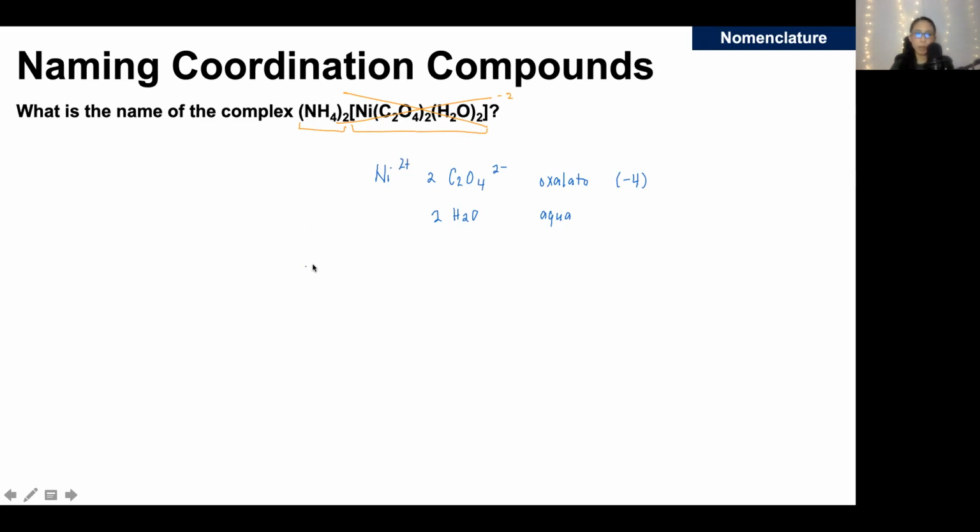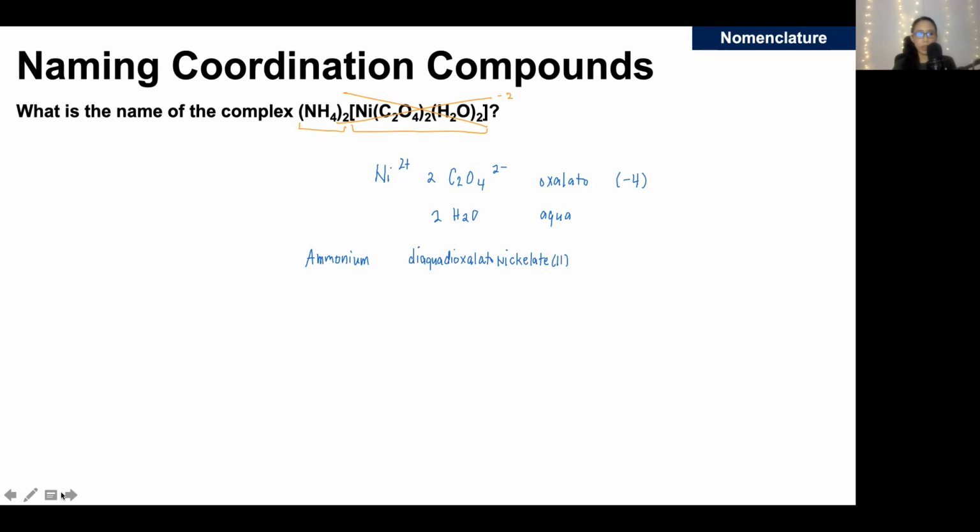So what's the name of our complex? That is ammonium, sorry, ammonium diaqua dioxalato nickelate 2.